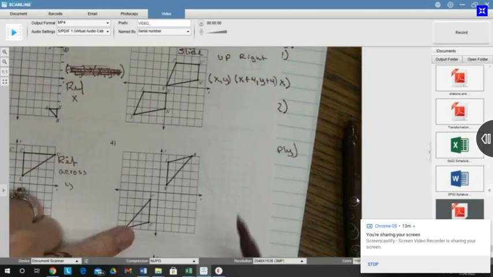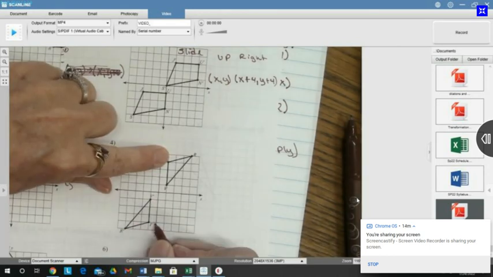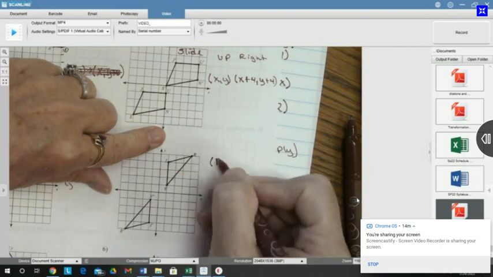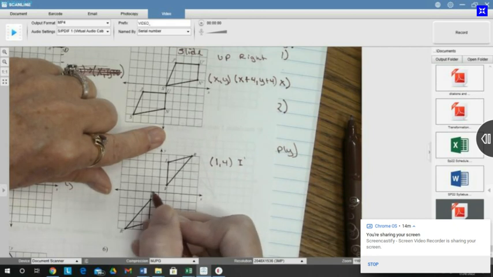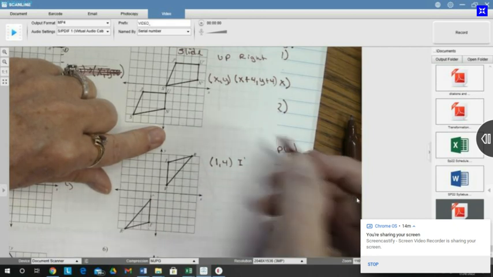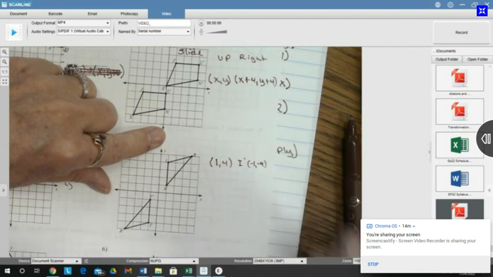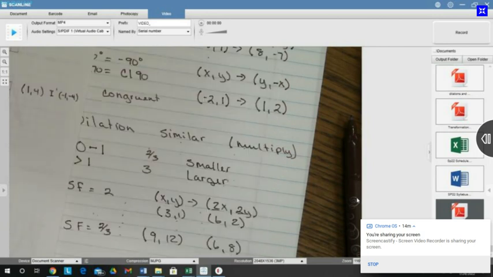Now, look at this. I prime and I. What is I? It is (1, 4). And I prime is (-1, -4). Right? So on our rules that we had, where did (x, y) become a negative (x, y)?